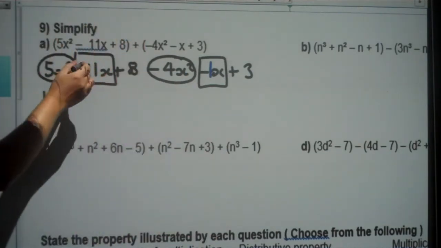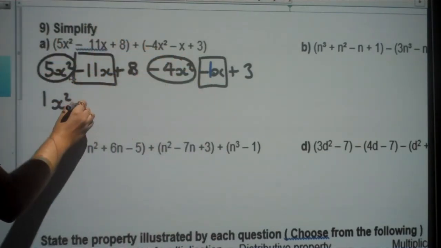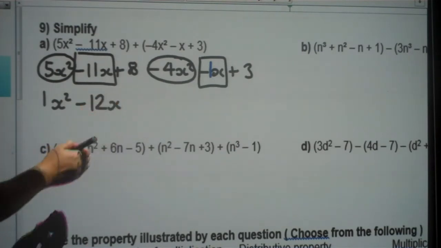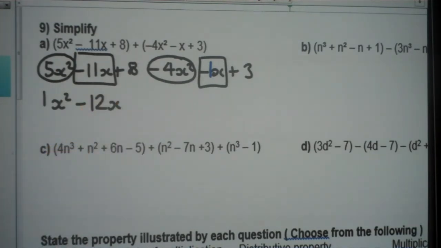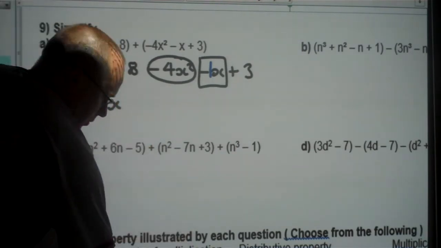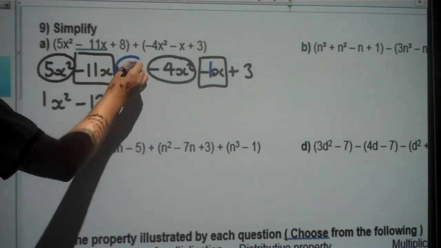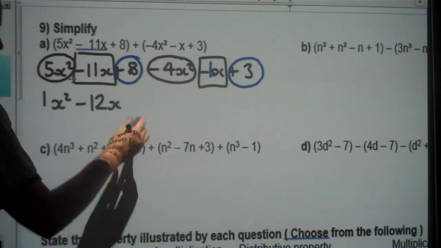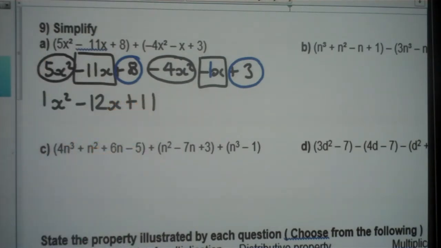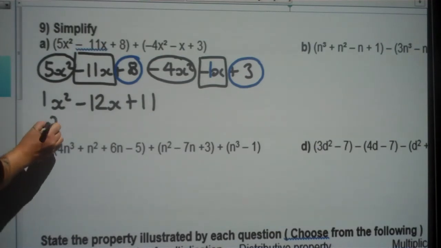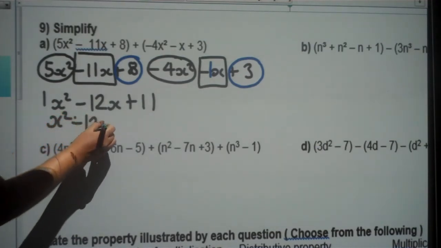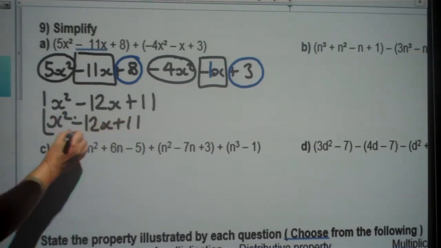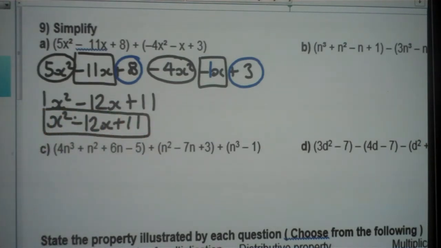So what I've actually got here is negative 11 take away 1, which is negative 12, and then put the letter back at the end. For my last one, I can see that I have positive 8, and I have positive 3, so if I combine those, I'll end up with positive 11. Now, 1x squared I can also just write as x squared. So that would be my answer to that question.